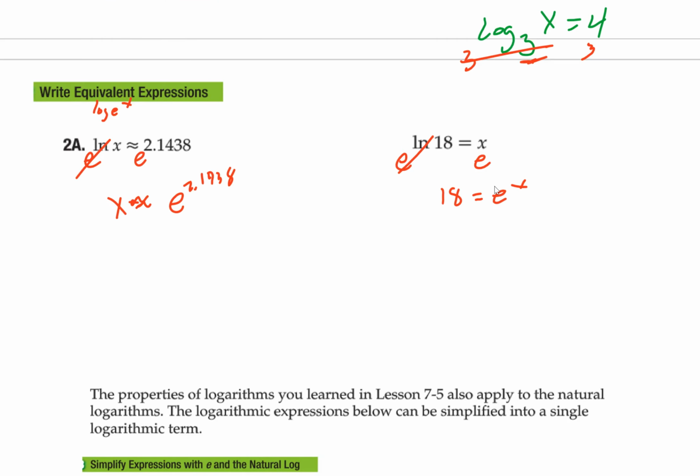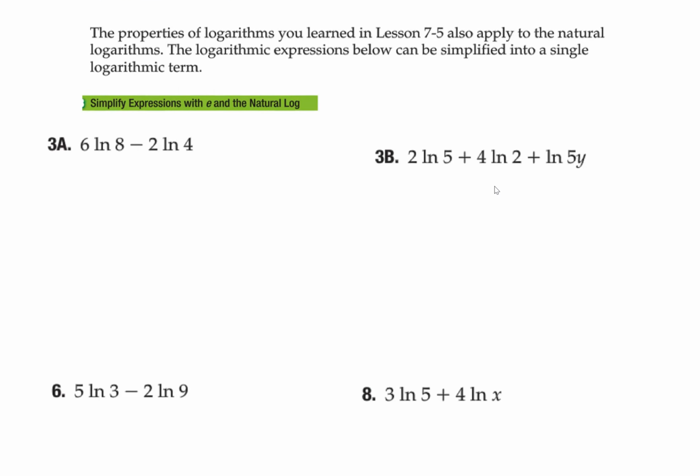And to practice our old rules, let's condense some natural log problems. Remember, by condensing, I mean we want to make it a single log. We want to go from something like two natural logs to just a single natural log. So using all our rules, adding is multiplication, subtraction is division, and my power goes to the front or back, vice versa.